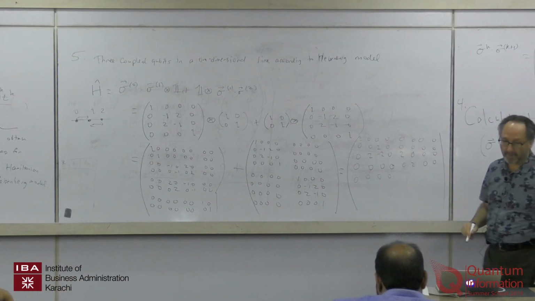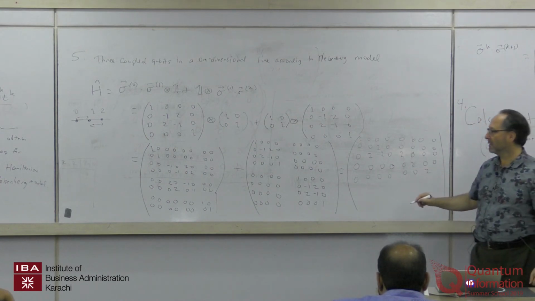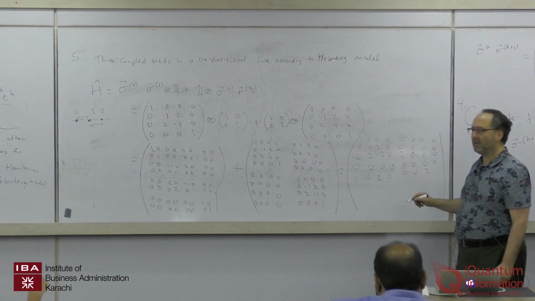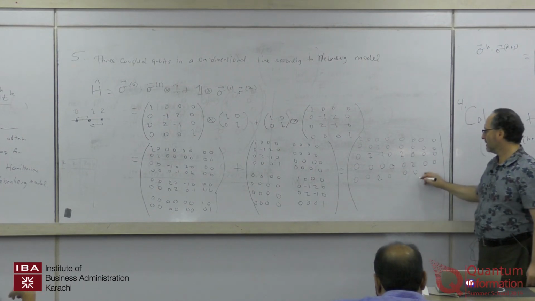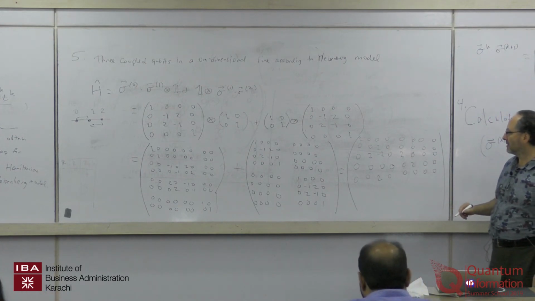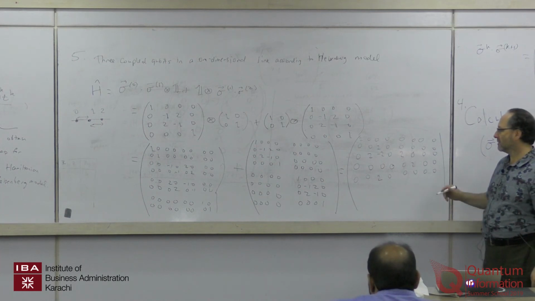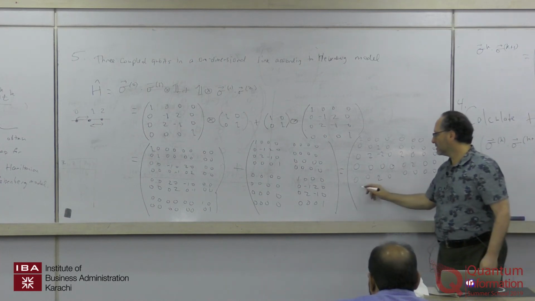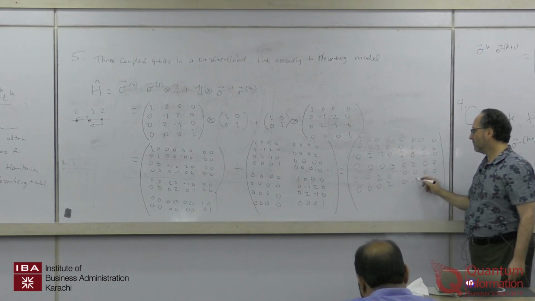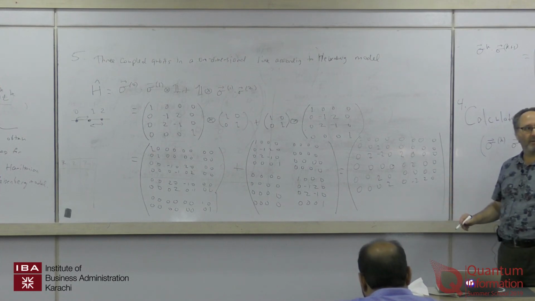Okay, next. 0, 0, 2. 0, 0, 2. 0, minus 2. All zeros. You guys agree? No, that cancels out that one. Next. 0, 0, 0, 2. 0, minus 2, 2, 0.